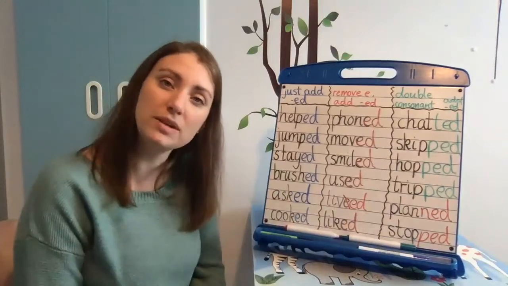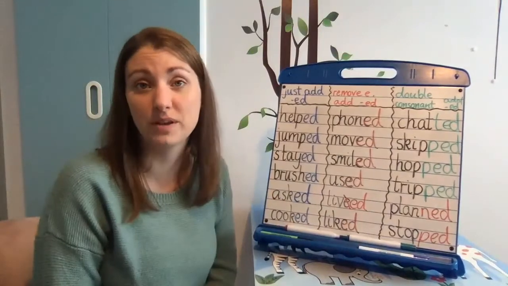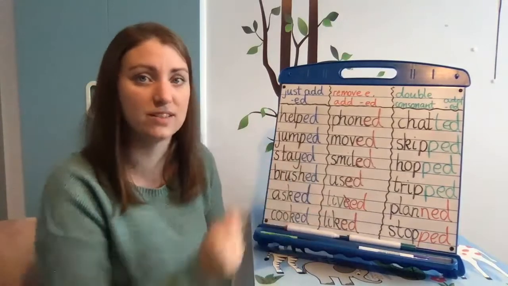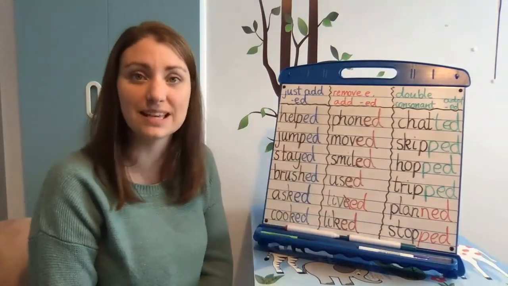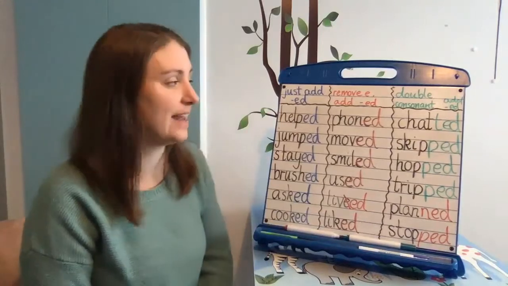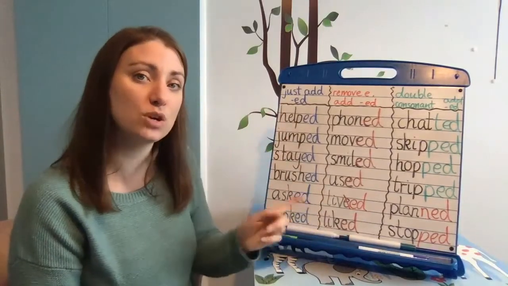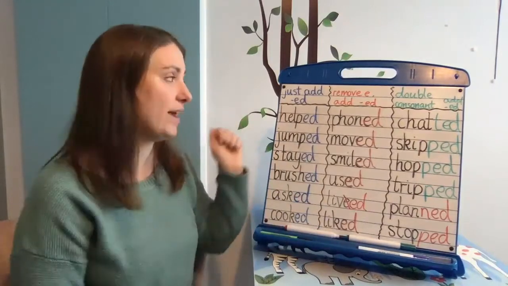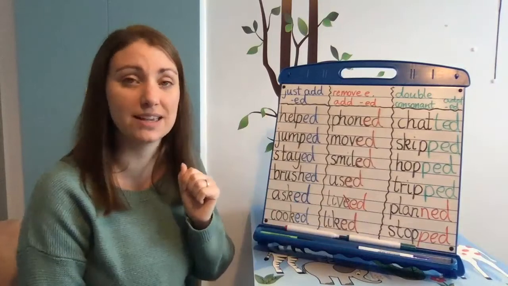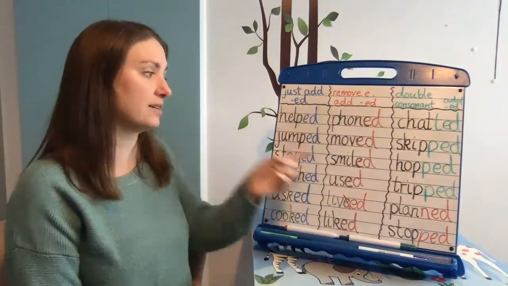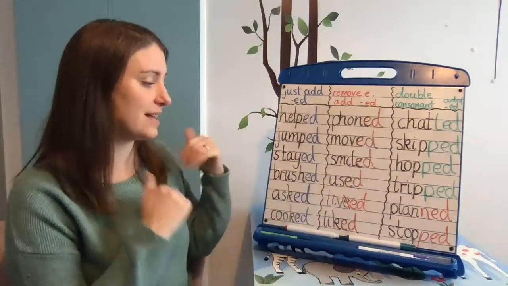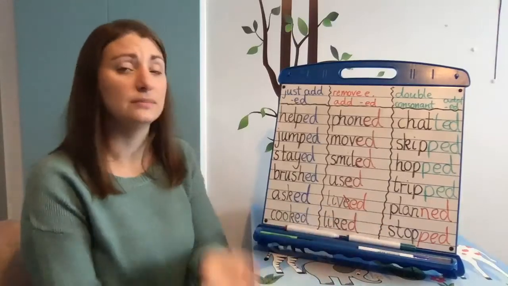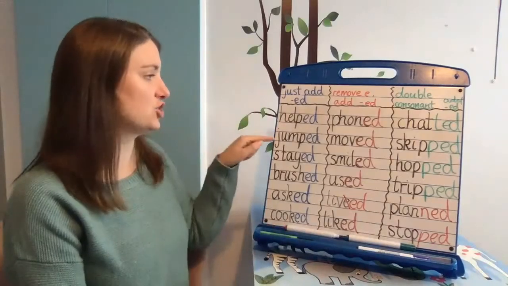Those words, it's very important that you had a go at following the rule. You read the word first, followed the rule, and then read the word again, so you could see how it changed. And now all of those verbs, all those doing words, are now in past tense. I could put these words into sentences like, yesterday I smiled. Yesterday I stopped. I could say, last night I jumped.